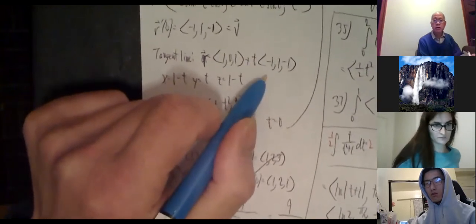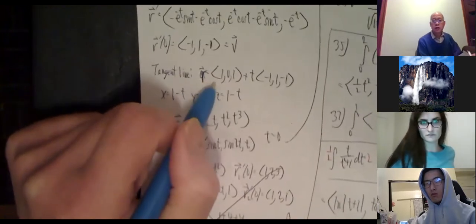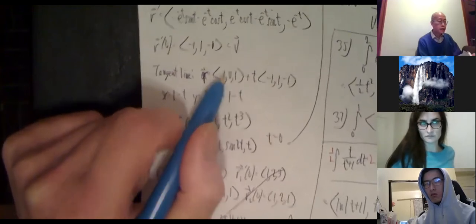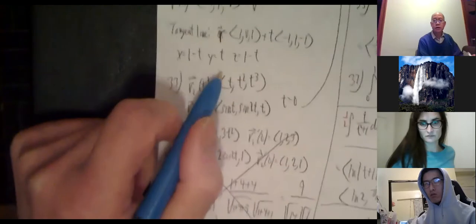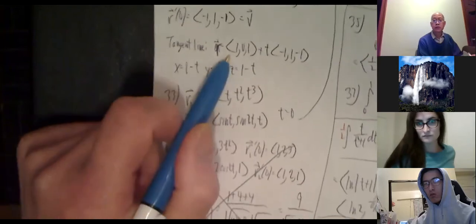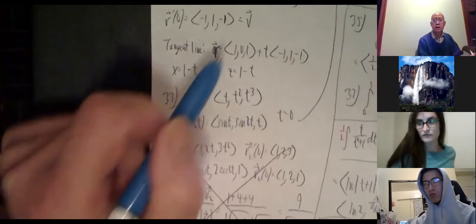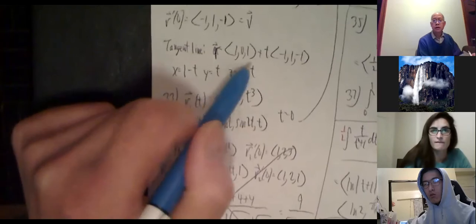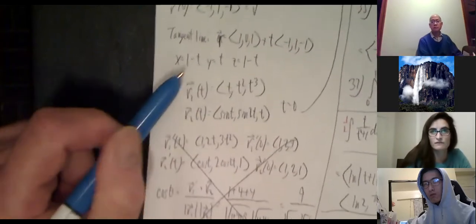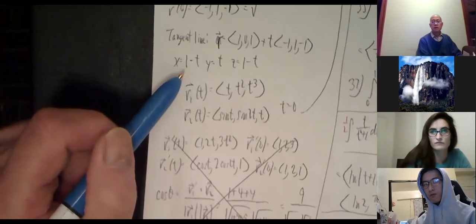Put that in your formula sheet. Okay, so the original position vector, 1, 0, 1, that's just the original point written as a vector, plus a scalar multiple of the direction vector, -1, 1, -1. Okay, so x is equal to 1 minus t, y is 0 plus t, and z is 1 minus t. So there we are. So those are parametric equations for the tangent line.